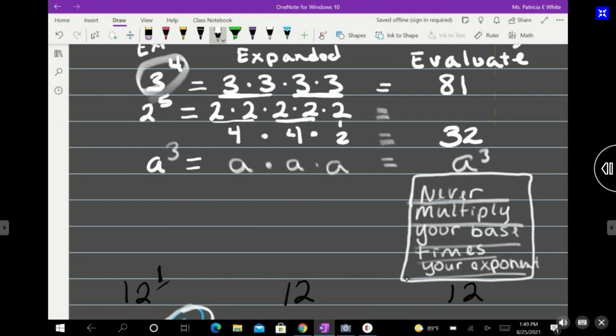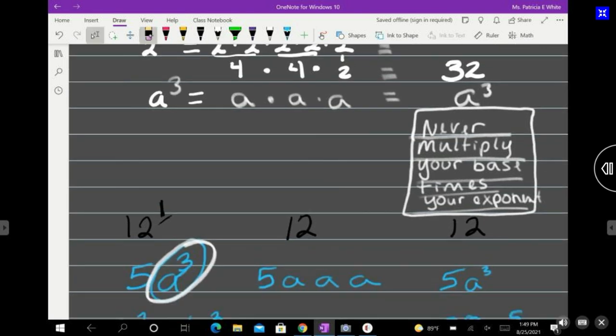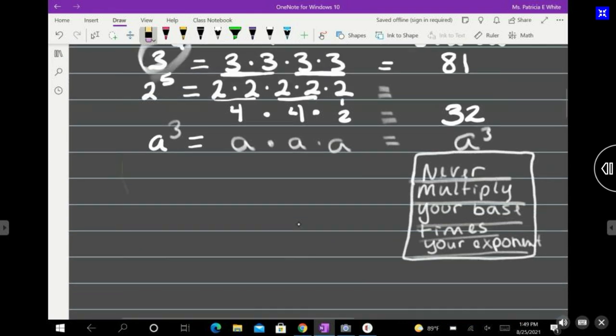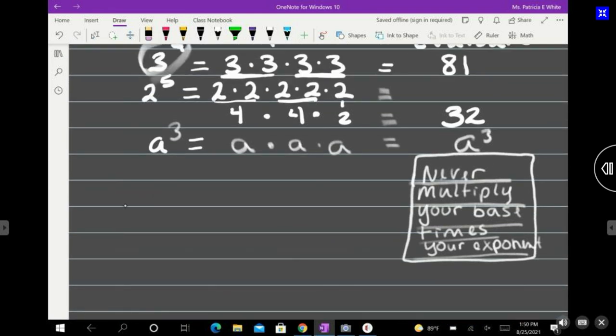All right, I'm going to bring in a little bit of 8th grade here. What if I have, let's say, 5a to the 3rd times 2a to the 2nd.